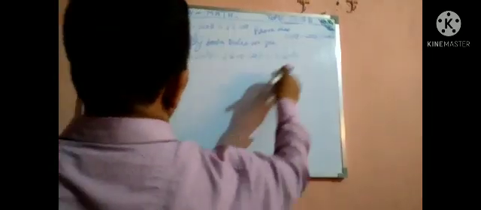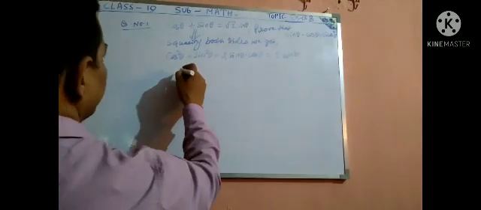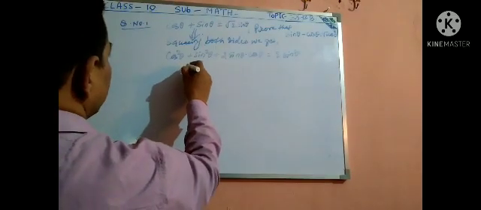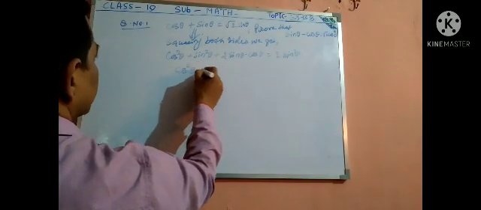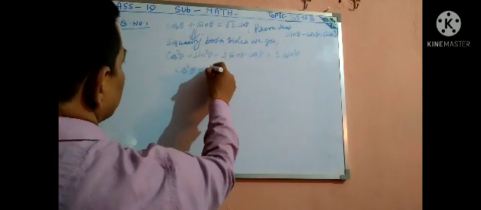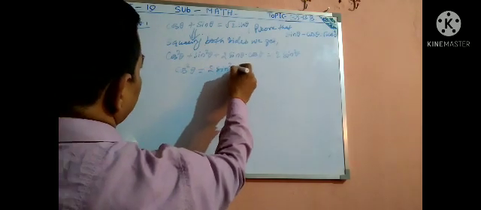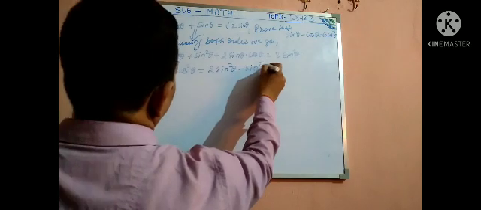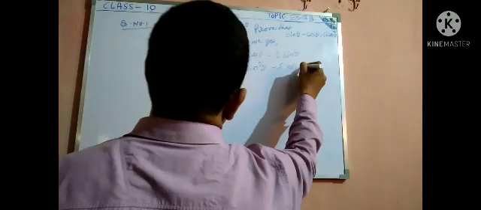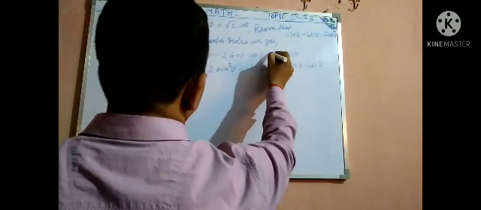Because we need sin theta minus cos theta, so cos square theta is equal to 2 sin square theta minus sin square theta minus 2 sin theta into cos theta. This value on this side.